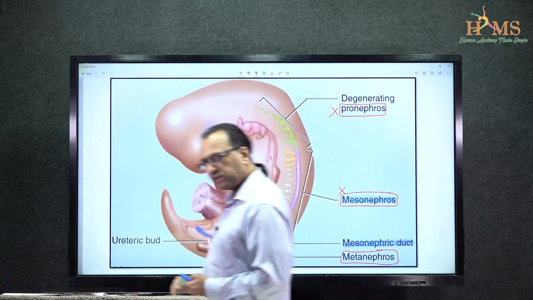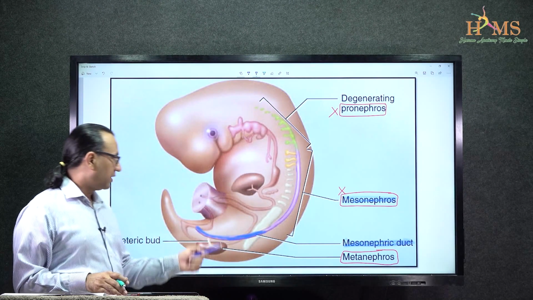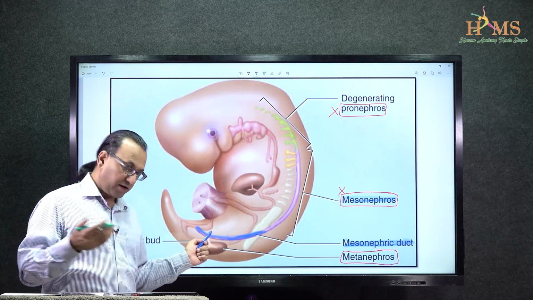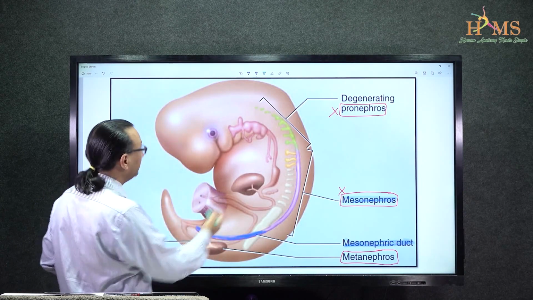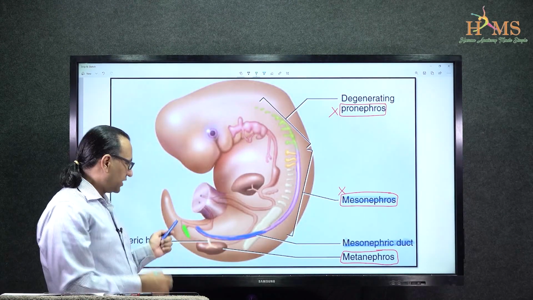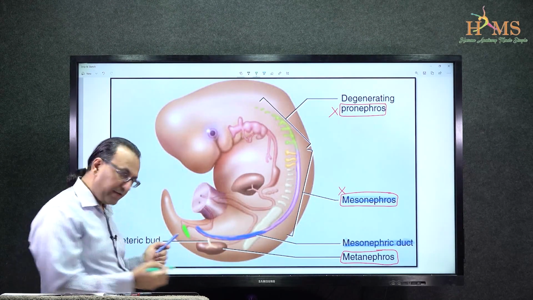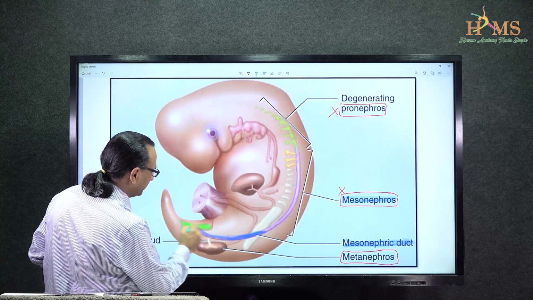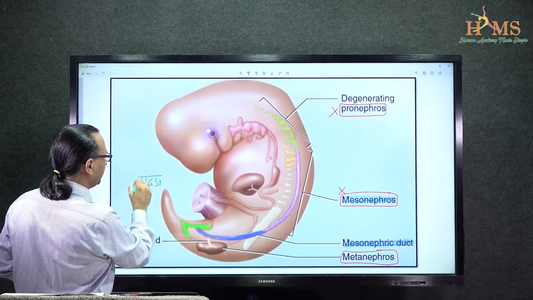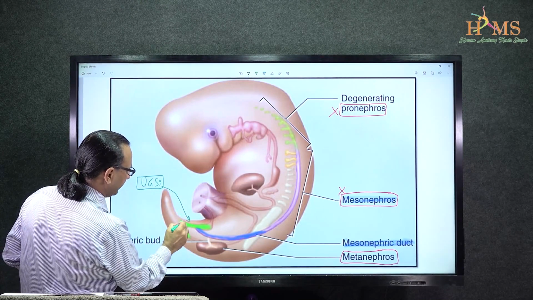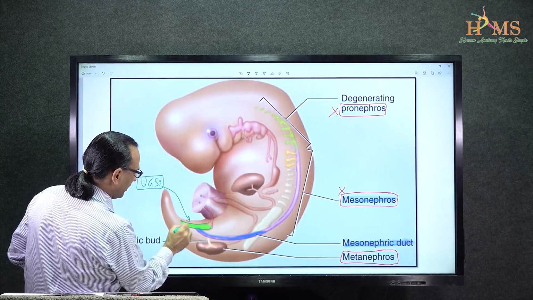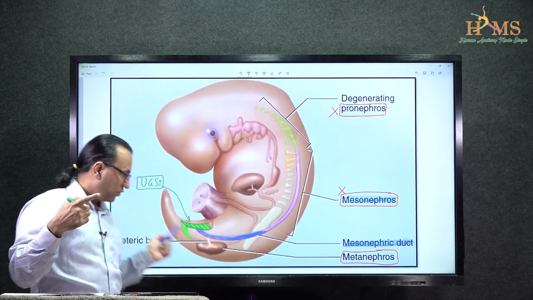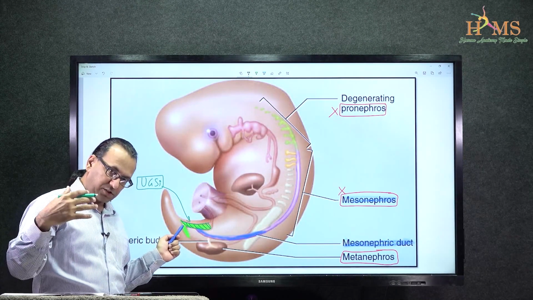This urogenital sinus is actually developing in the cloaca region of the terminal hindgut here. Let us show the hindgut portion here. This is the hindgut, and at the terminal part of the hindgut, there is the cloaca region, and there develops the urogenital sinus. Now this urogenital sinus is giving us several derivatives, but our focus remains upon three things: the urinary bladder, the urethra, and the terminal parts of the vagina.